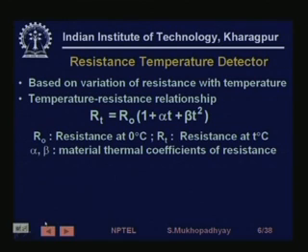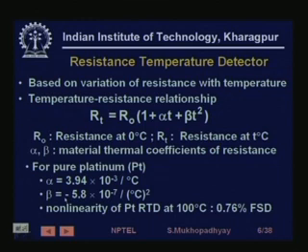In fact, these coefficients alpha and beta are actually constants. For example, look at one of the metals typically used, platinum. See that beta is very small, and beta comes into play only at very high temperature ranges.